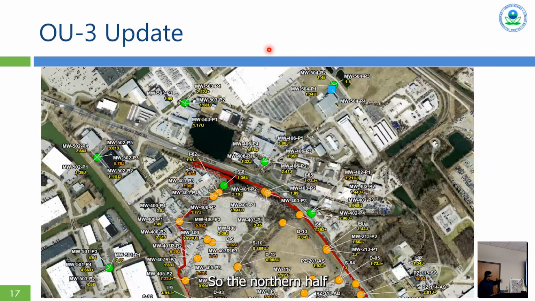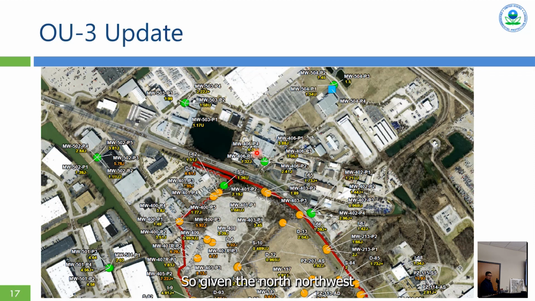So this is the northern half, equivalent of the previous slide. Same color scheme, it shows one of the proposed locations up here, which will be installed soon. We had to step out because there were 1,4-dioxane impacts at this well, which I believe is MW 406, offsite well. We saw impacts there.